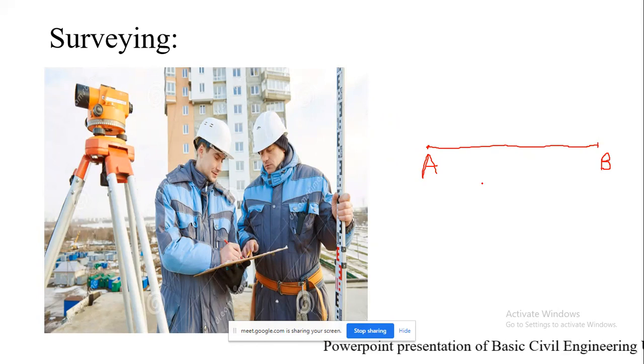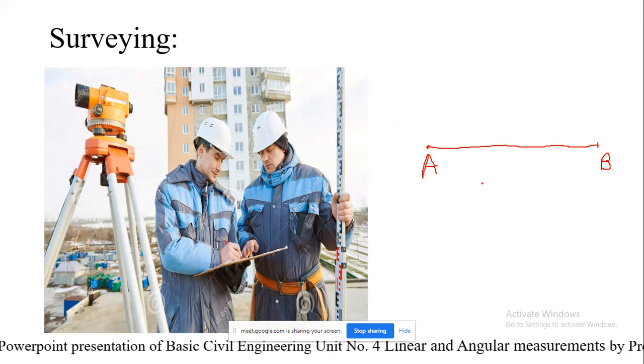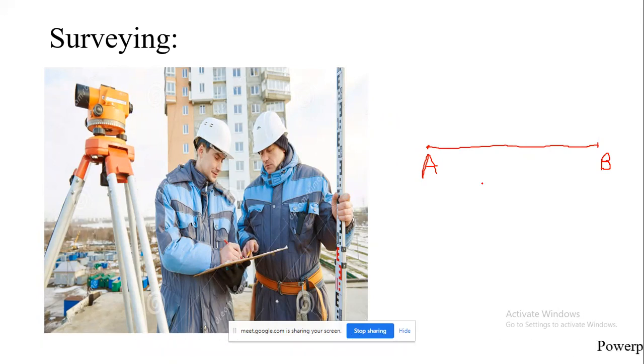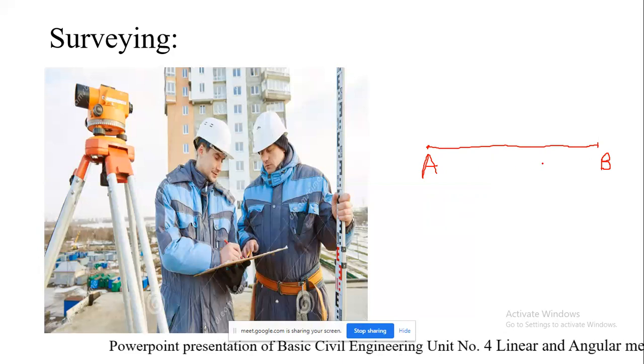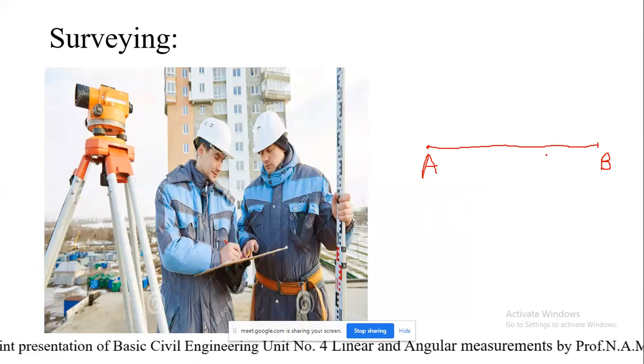Okay, so surveying means what? I will tell you the definition once again. Surveying is the art of determining the relative positions of different objects on the surface of the earth by measuring the horizontal distance between them and by preparing a map to any suitable scale.